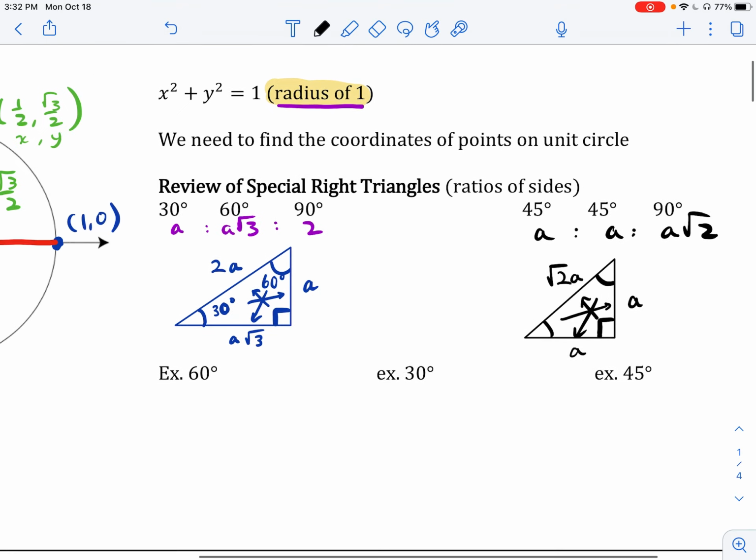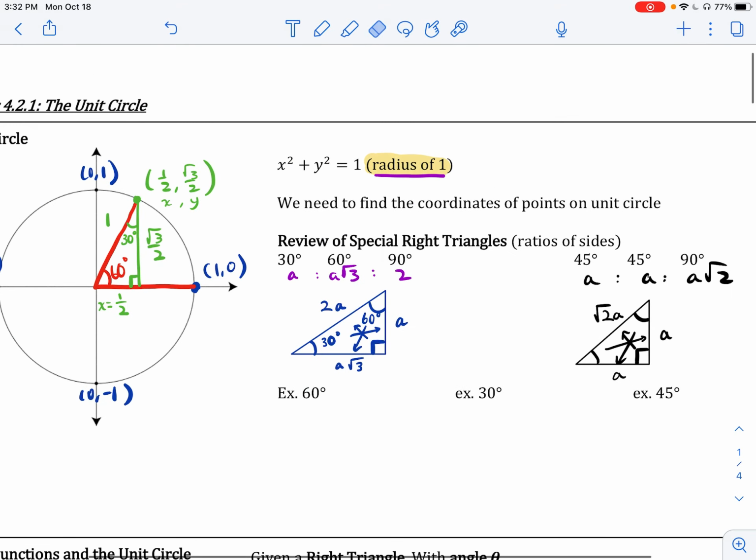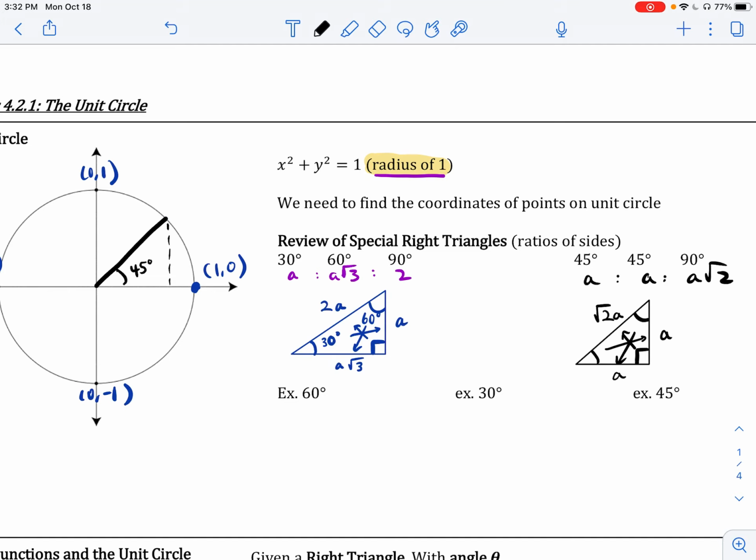Well, let's do this in the context of this unit circle here. So I'm going to clear this out of the way. If we have this angle here, where this is 45 degrees, again I'm going to drop a vertical down. Let me switch color so we can clearly see our 45-45-90 triangle. If this angle is 45 degrees, that means this angle up here is 45.